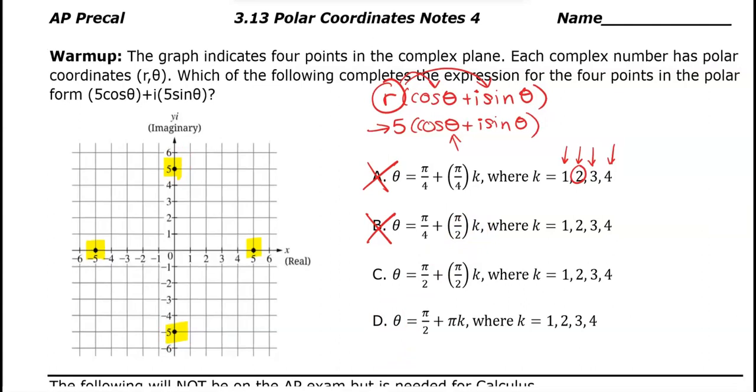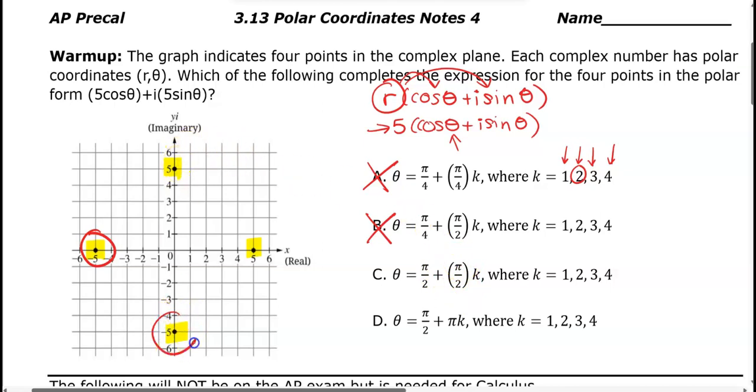So now if I do C here, pi over 2 plus pi over 2, because I'm replacing k with 1, that gets me right here. Now if I replace k with 2, that gets me pi over 2 plus 2 pi over 2, so that's really pi over 2 plus pi.